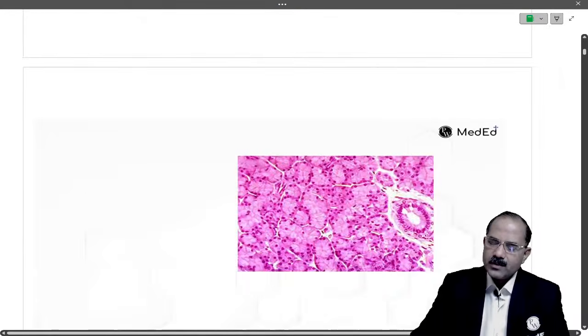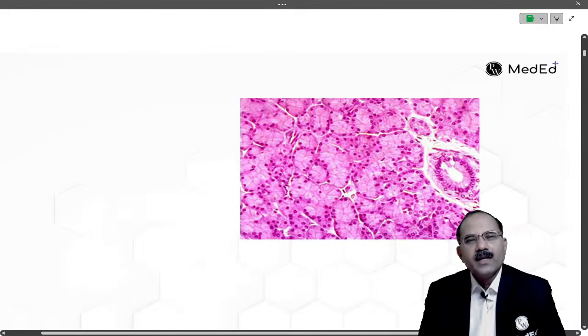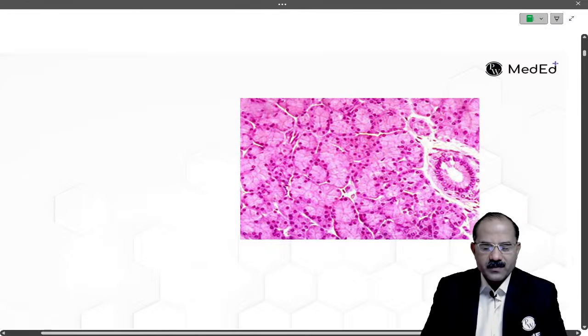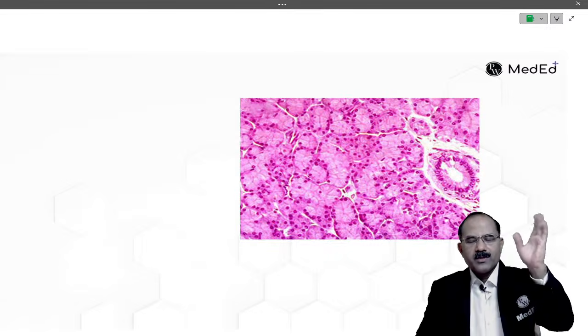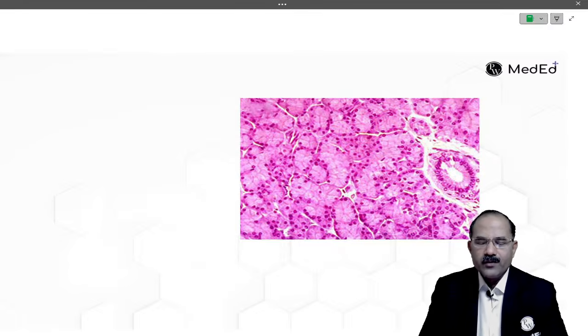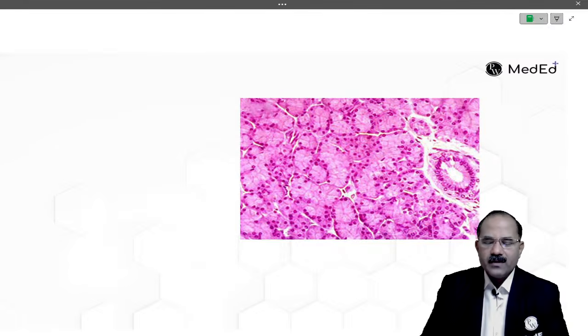So starting with this histology, can anyone identify this slide? Come on, what is this slide of? I'll put the slides up, try to identify them, then we'll come to it.